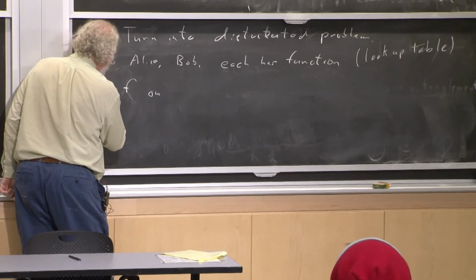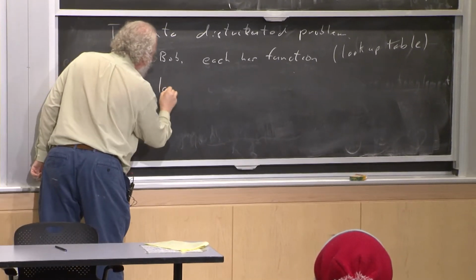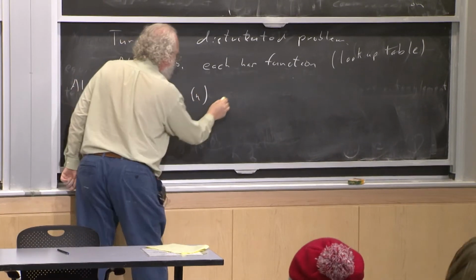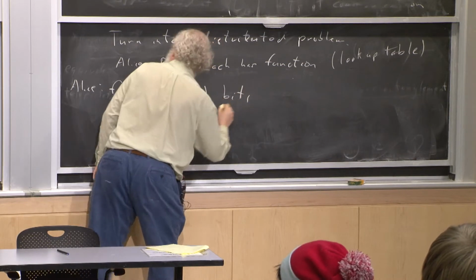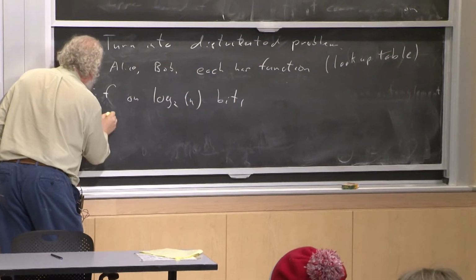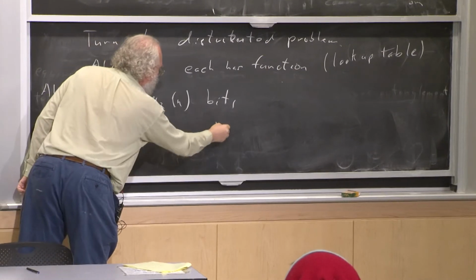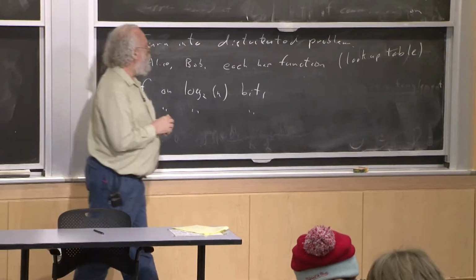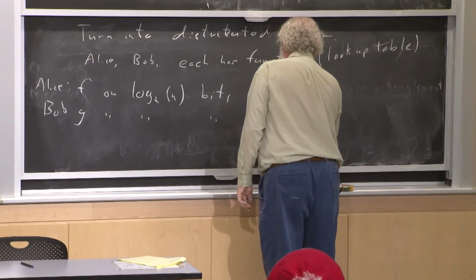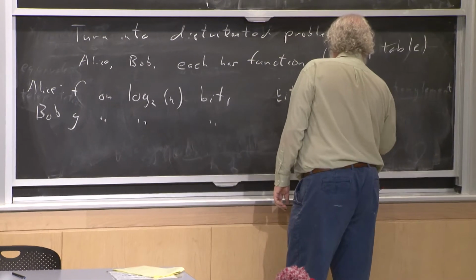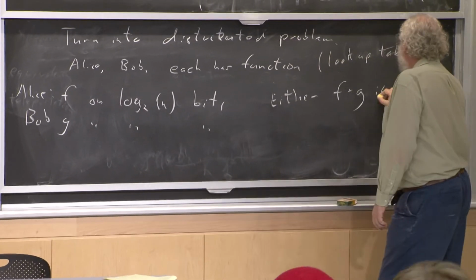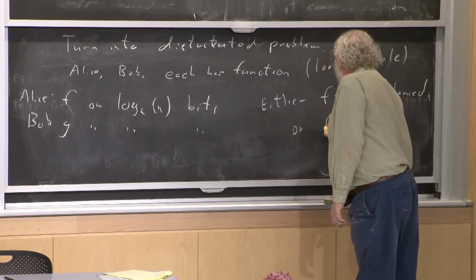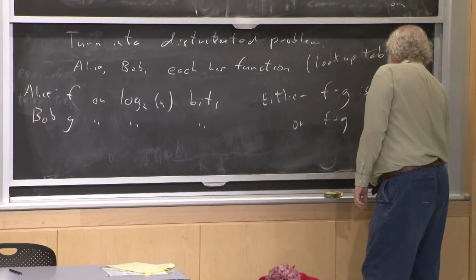So Alice has f on log n bits, and Bob has g also on the same number of bits. And now what we're going to require is that either f plus g is balanced, or f plus g is constant.